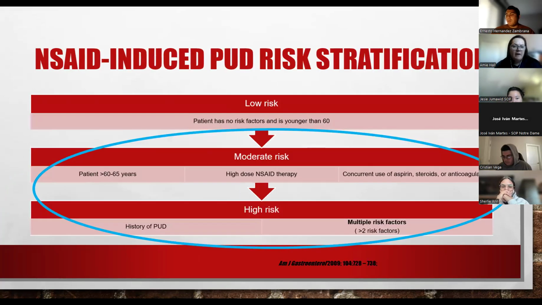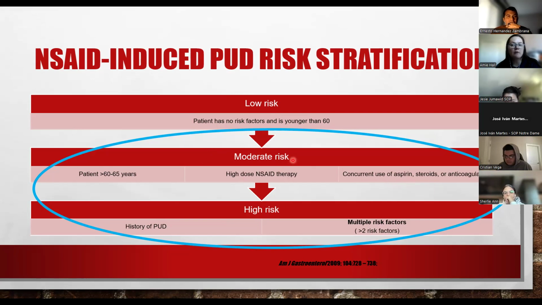So when we're looking at patients on NSAIDs, we need to stratify their risk. Patients who are at low risk have no risk factors and are younger than 60. We don't really worry about these patients too much. It's the patients who are at moderate and high risk that we have to do something about when they're on an NSAID. So these are patients 60 to 65 years old, with high dose NSAID therapy, or using things like aspirin, steroids, and anticoagulants with their NSAID.